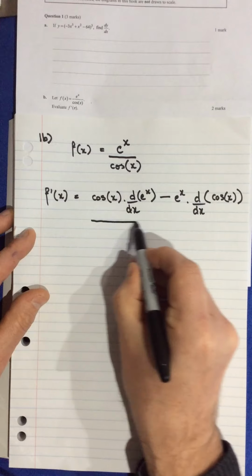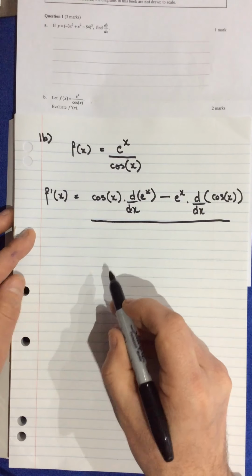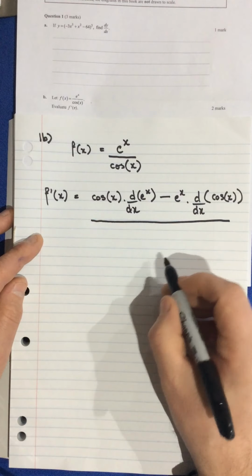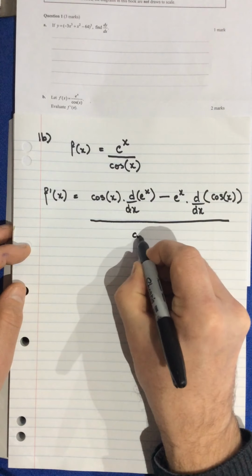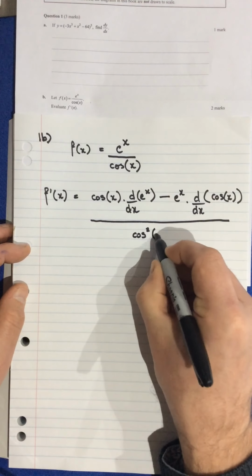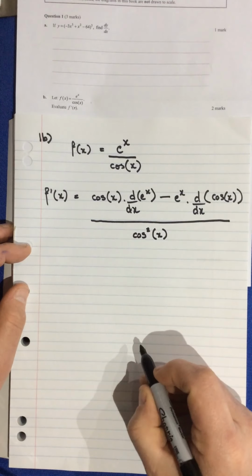And then the whole thing in the quotient rule is divided by the bottom part squared, so cos x all squared, which we'll often just write as cos squared x.